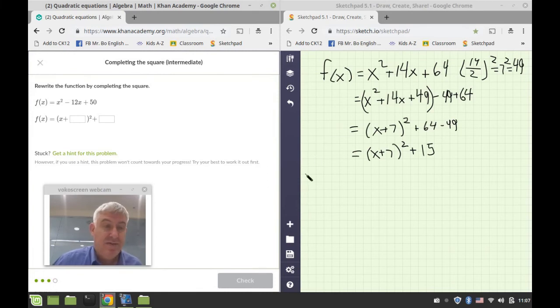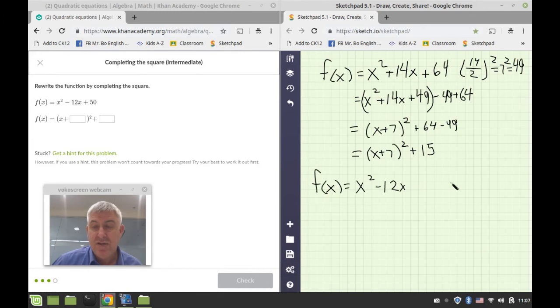Last one here. So rewrite the function by completing the square. So we have f of x is equal to x squared minus 12x plus 50. So this negative 12x is our coefficient.